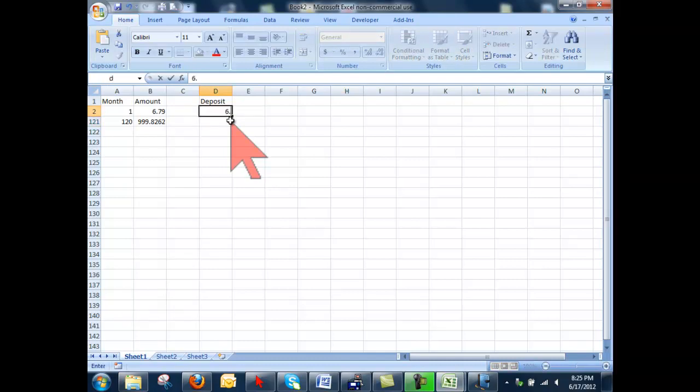So it looks like $6.80 would be an appropriate deposit amount to grow to $1,000 over 10 years under these interest rates.